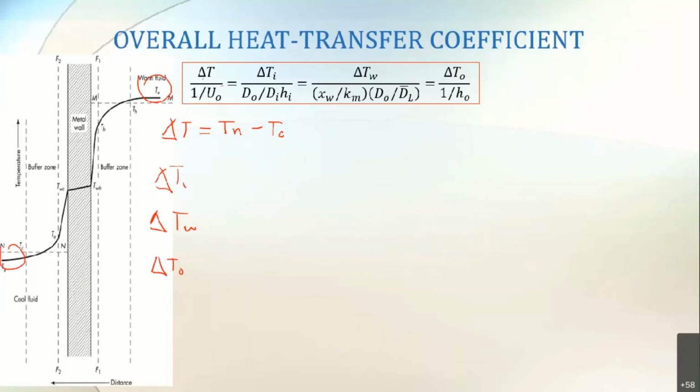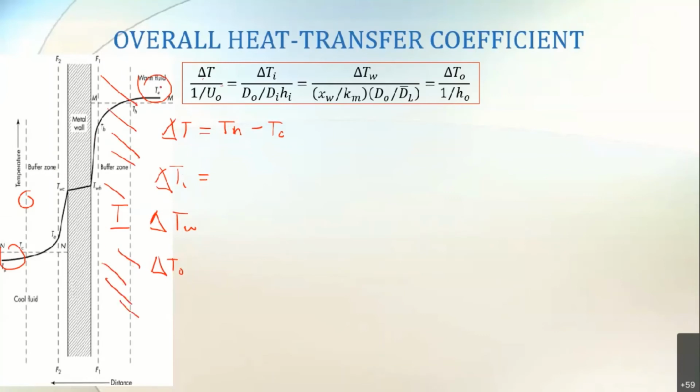So largest minus smallest, and it will always be the bulk temperature: hot minus cold. Now if you look at delta Ti, we can label here, this is inside, this is outside. When I say delta Ti, I mean the temperature difference on the inside.